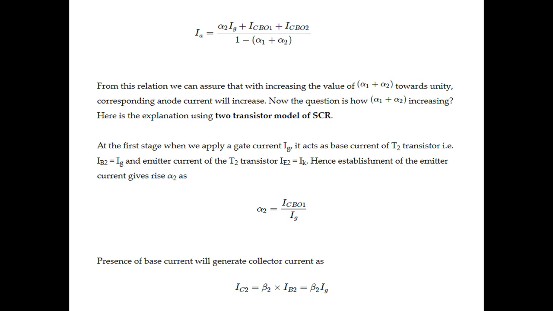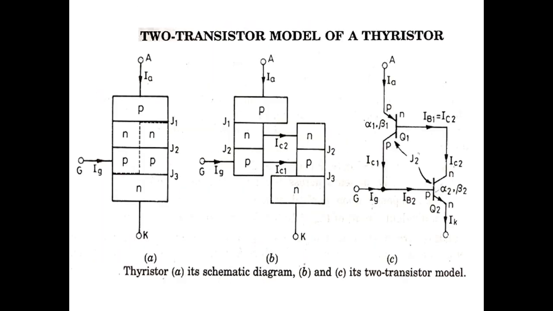Now the question is how alpha 1 and alpha 2 are increasing. Here is the explanation using the two transistor model of the SCR at the first stage. In the third diagram, by applying the gate current Ig, we give the base current to transistor Q2.